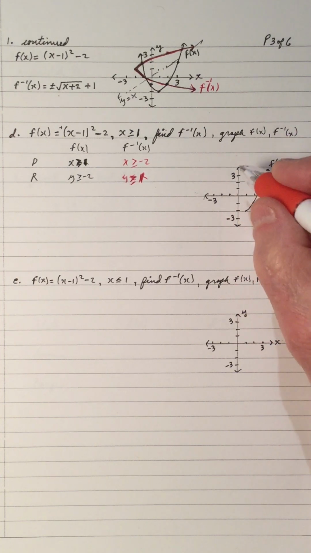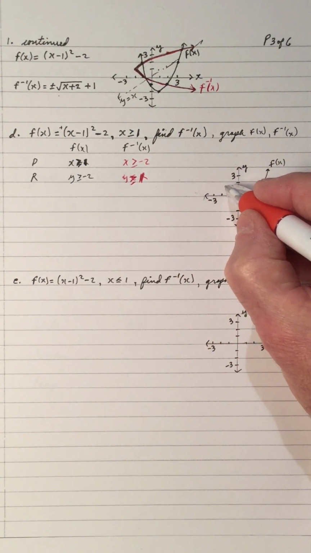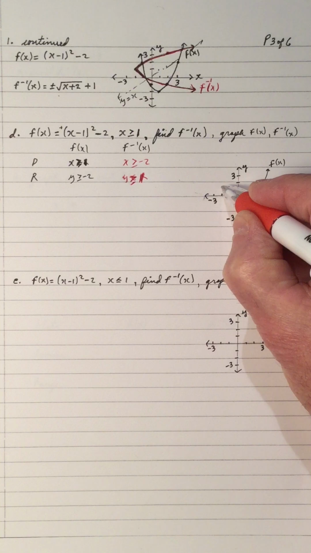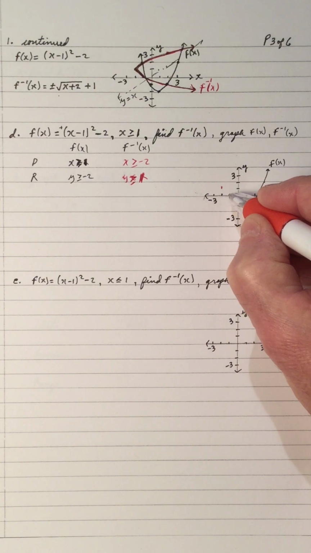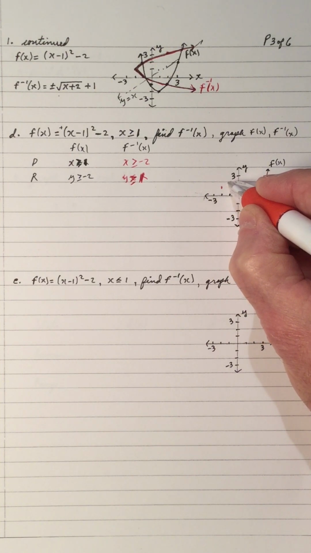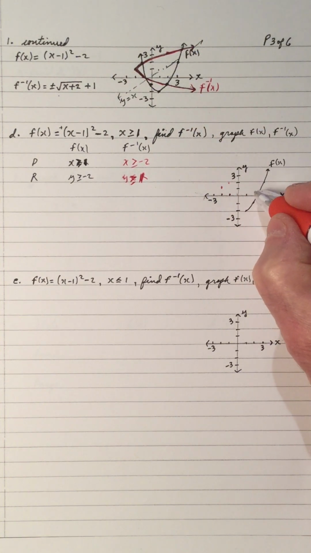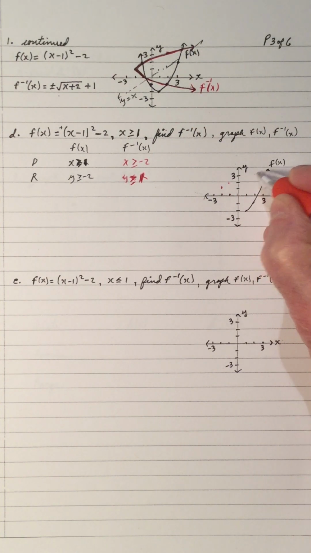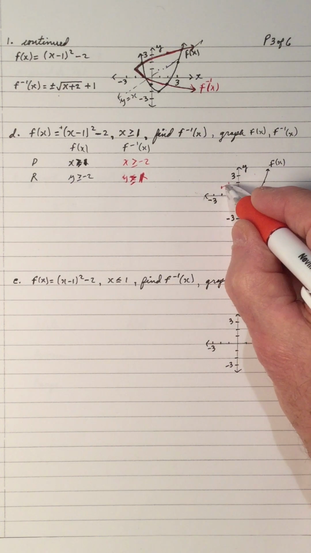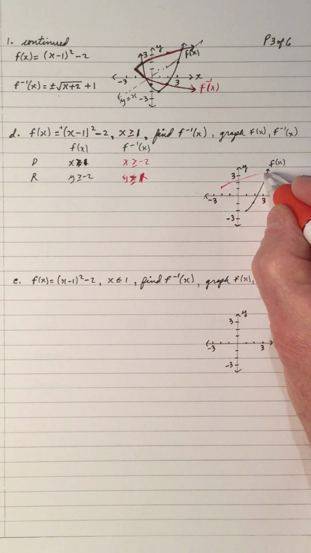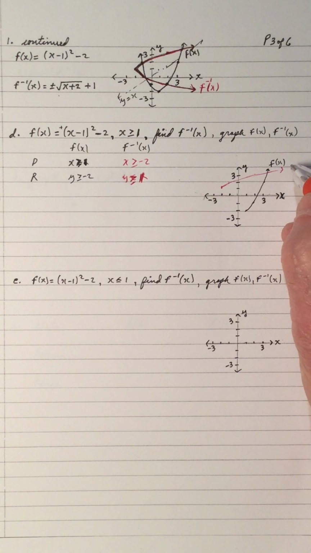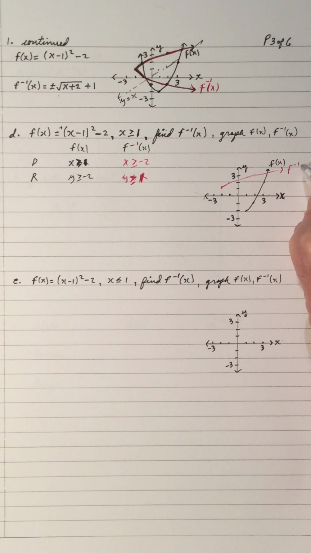Just to make sure, x starting at negative 2: negative 2 gives me a 1, there's that one. Negative 1 gives me a 2, which is that one. And 2 gives me a 3. So there's the inverse in red. This is f to the negative 1 of x.